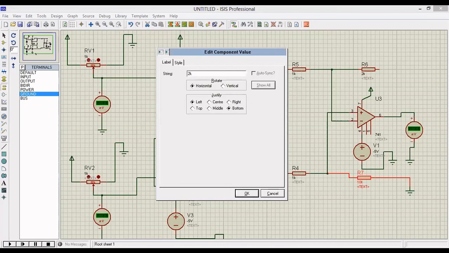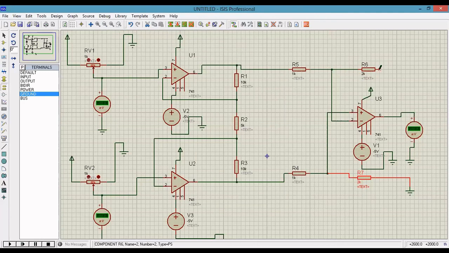Change all the resistance values. Now the input is 100 millivolt. 100 millivolt into 10 is 1000 millivolt, that is nothing but 1 volt.